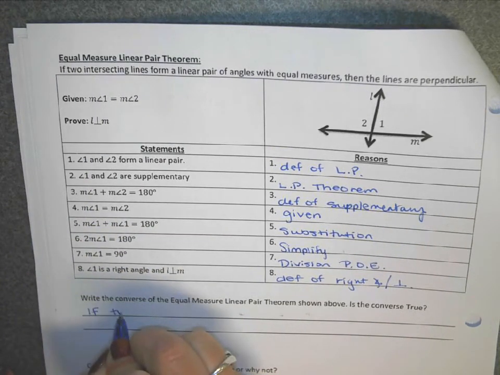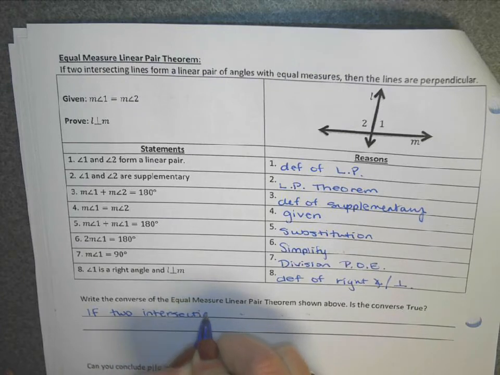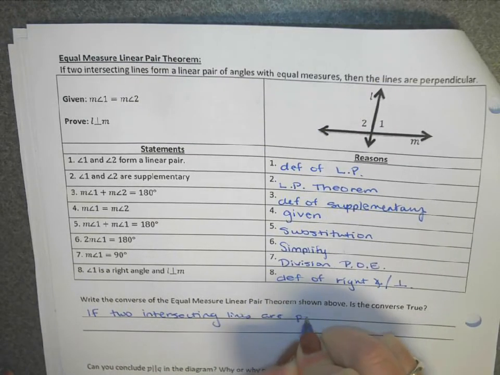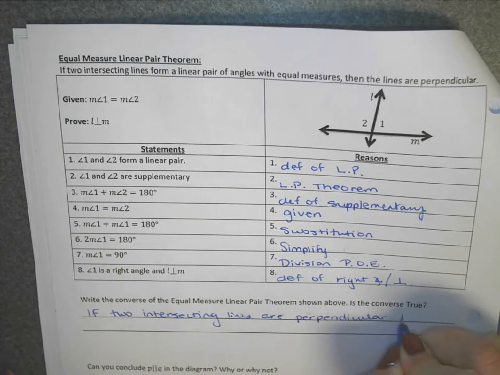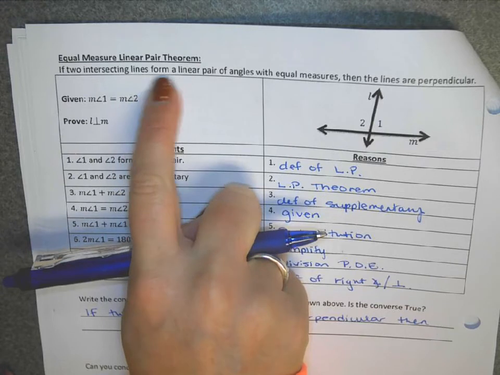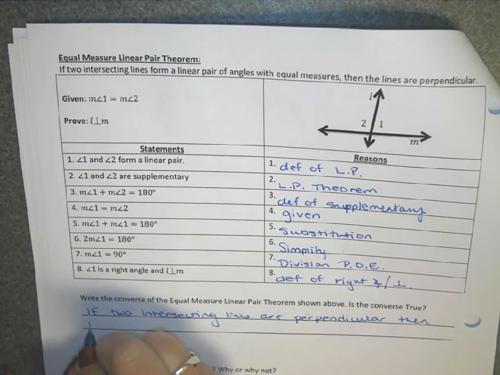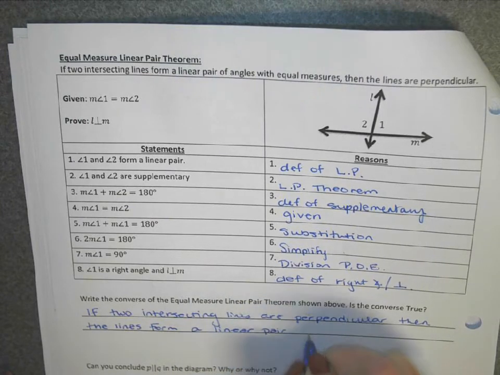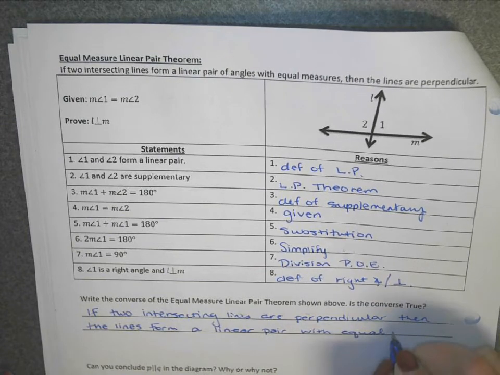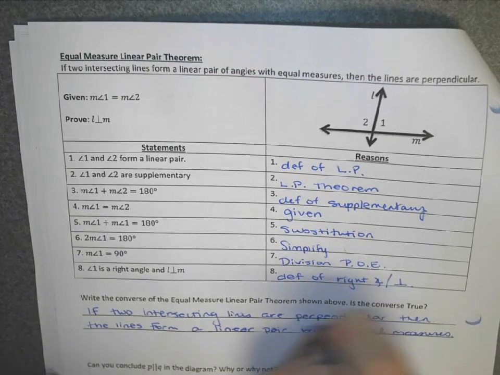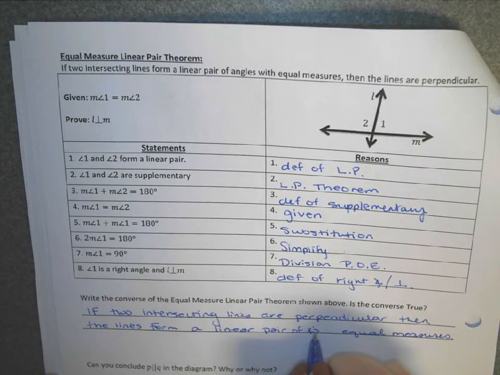So if 2 intersecting lines, and then we're going to say the conclusion first, are perpendicular, then the lines form a linear pair of angles with equal measures.